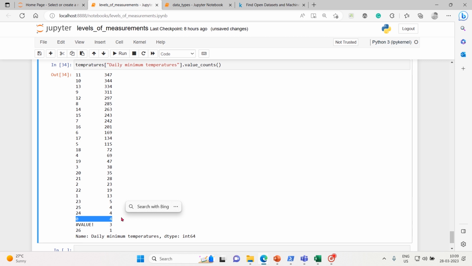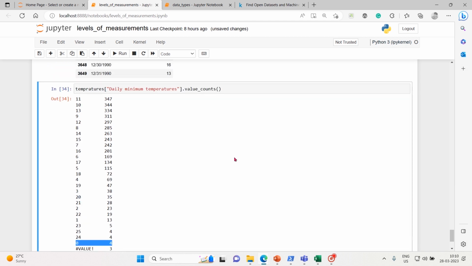So here the temperature basically means that there is a meaningful difference between the values and it can be calculated. That's the main thing. So we have seen this, let me write down, this is our frequency distribution.